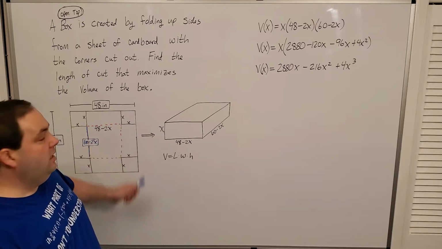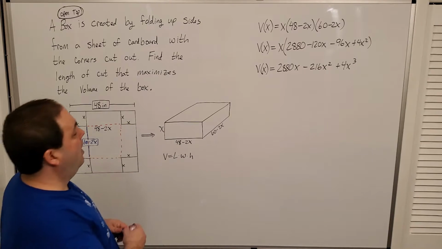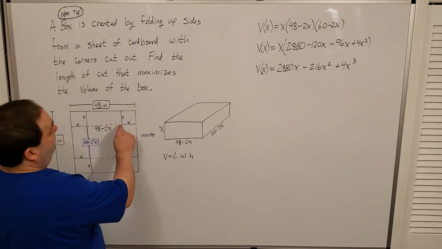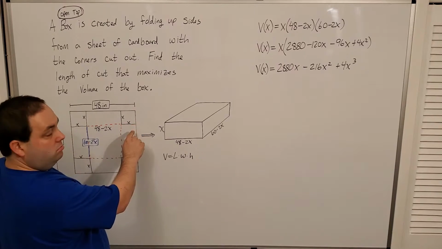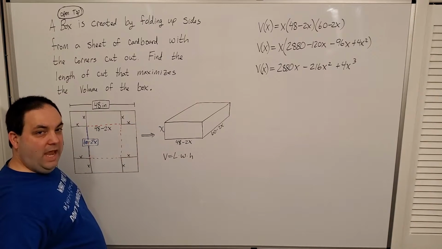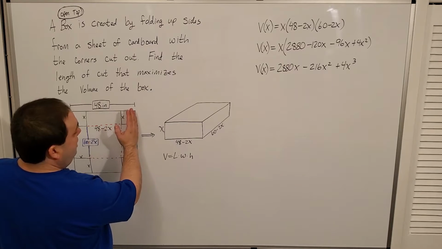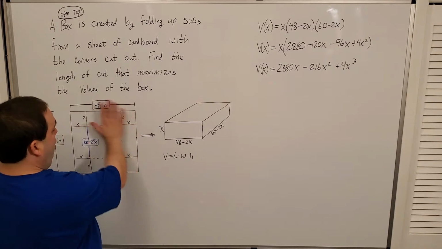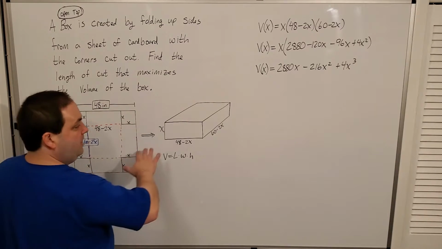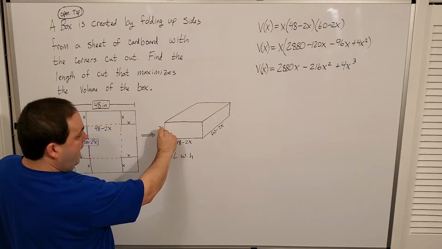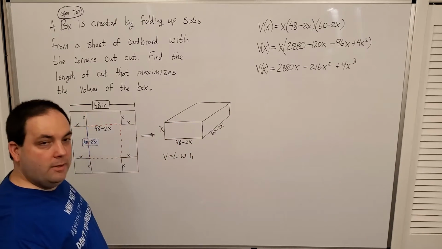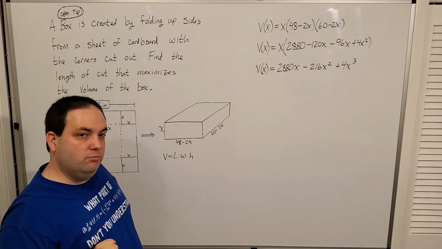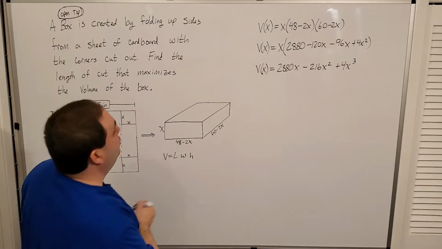Okay. Also, we can throw in some constraints here, because let's think about this for a second. X can't be negative, right? And in fact, if I let x be 0, that would be an extreme case. If x is 0, I'm not cutting anything, and all it would be is a flat sheet. It would be nothing but bottom, no height. So that's a 0 volume, basically, if I could do that.